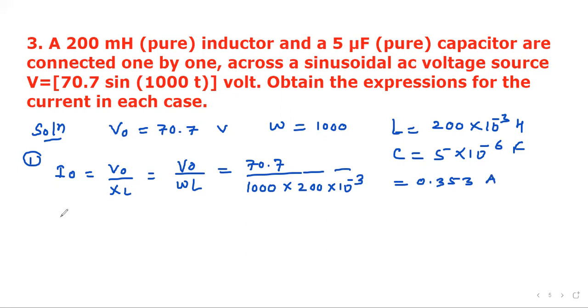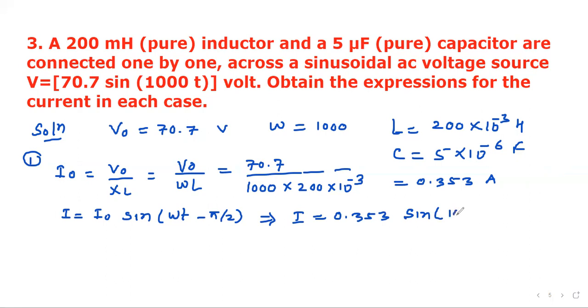So we can write current equation for inductor as I equal to I0 sine omega t minus pi by 2. If you remember, I've told you that current lags voltage by pi by 2. So we put the values. So I equal to 0.353 sine 1000 t minus pi by 2.